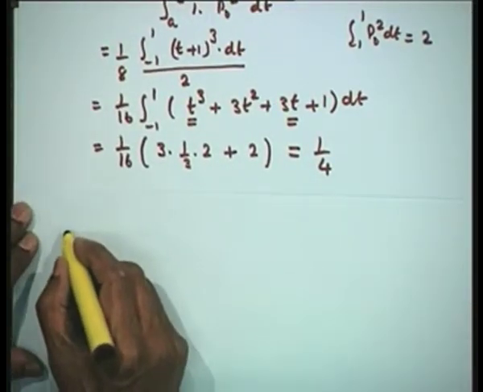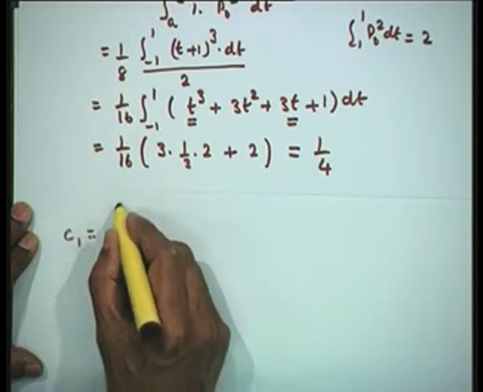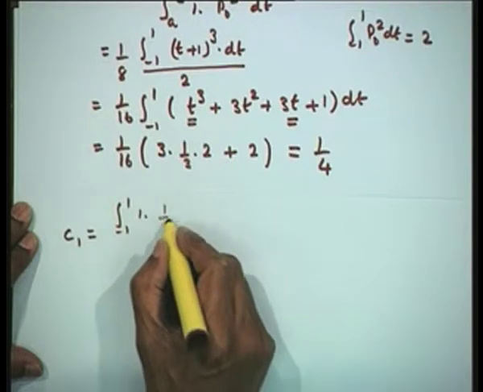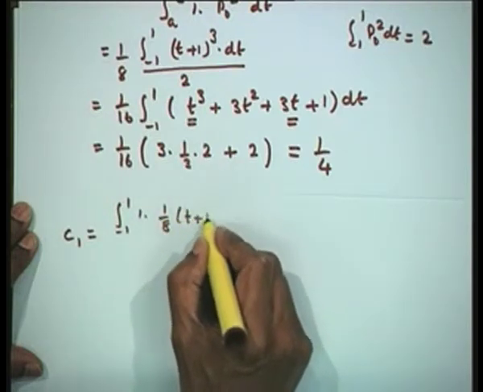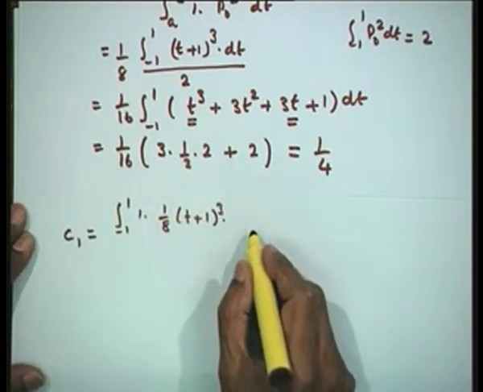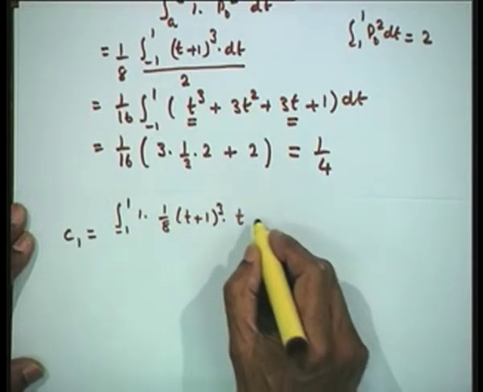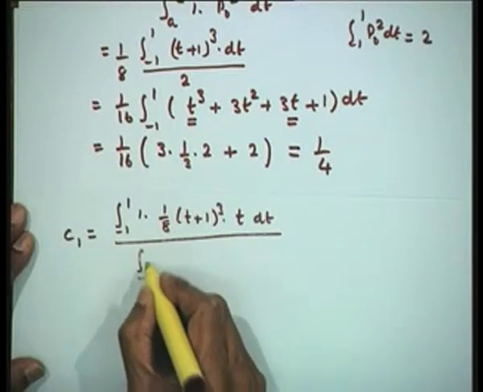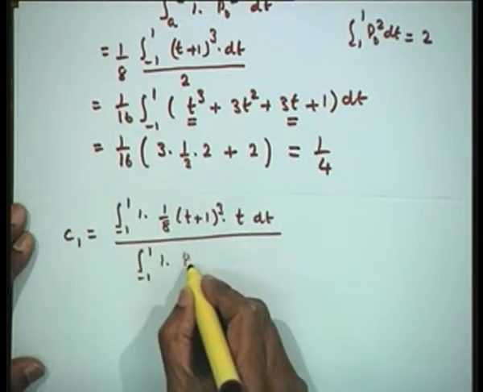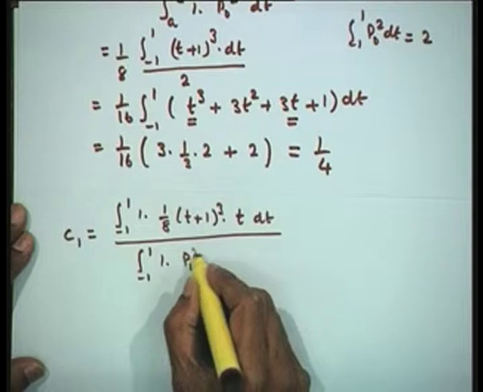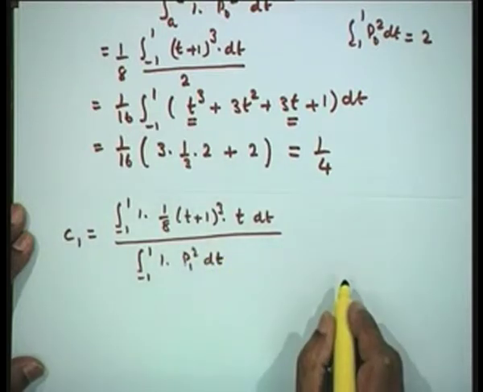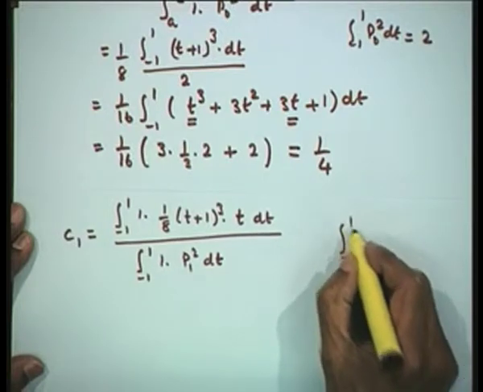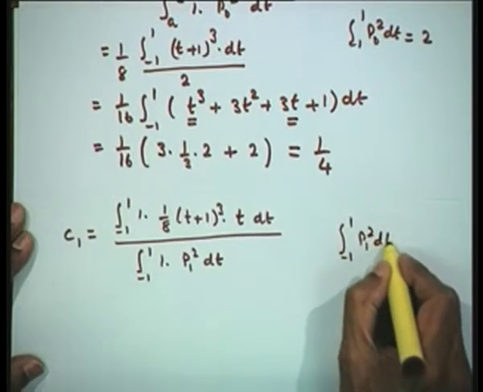Now, let us write down what is C1. C1 is the integral from minus 1 to 1 of 1 by 8 into t plus 1 whole cubed into P1 of t, which is t, dt, in the denominator the integral from minus 1 to 1 of P1 square dt.